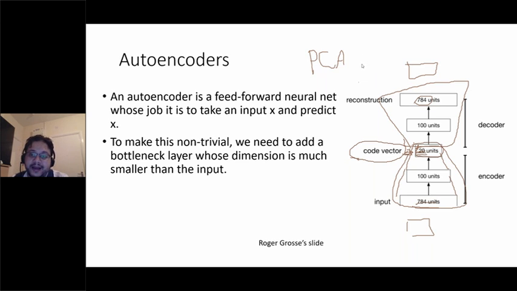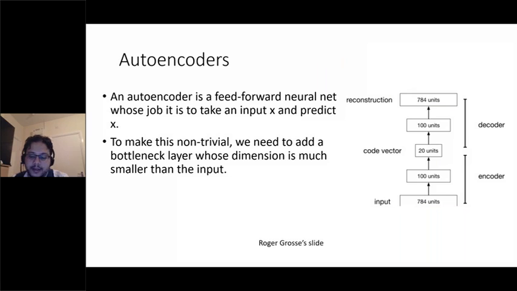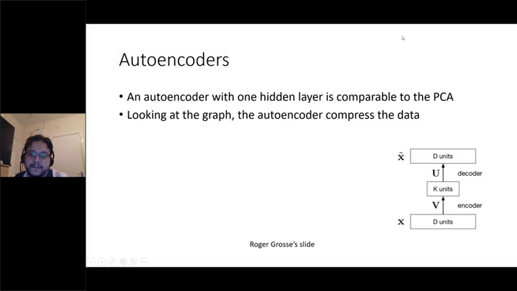Then what we can find is that when we do something like this, an autoencoder of this size, just one single hidden layer here, and then we try to transform again to the original dimension, what we find when we encode this compressed information is that it looks a lot like the PCA.